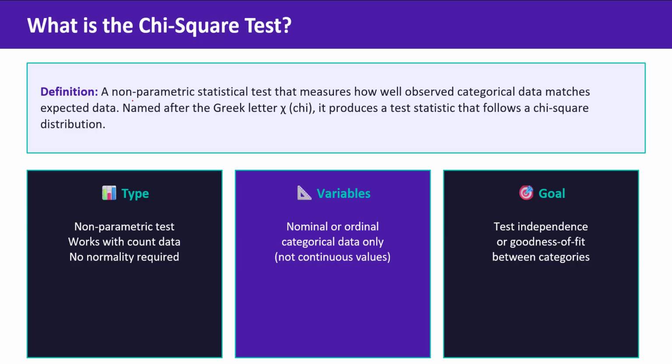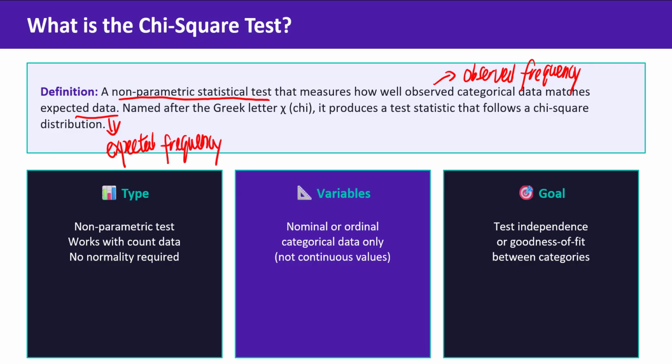It's a non-parametric statistical test that measures how well observed categorical data matches the expected data. We usually call these the observed frequency and the expected frequency. The symbol is named after the Greek letter chi, and the chi-square produces a test statistic that follows a chi-square distribution.